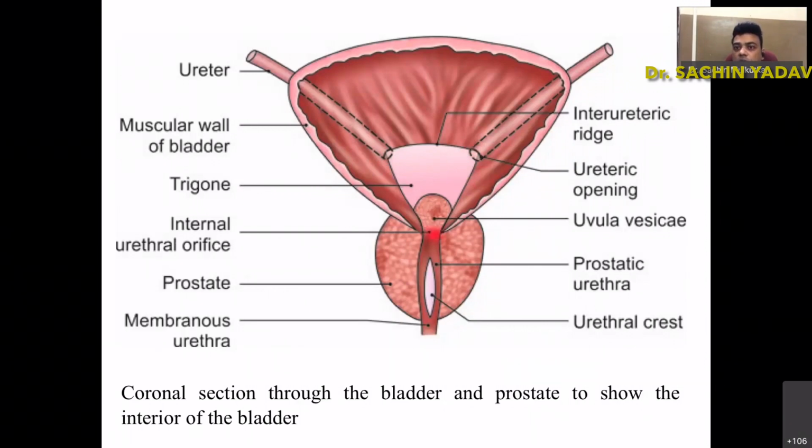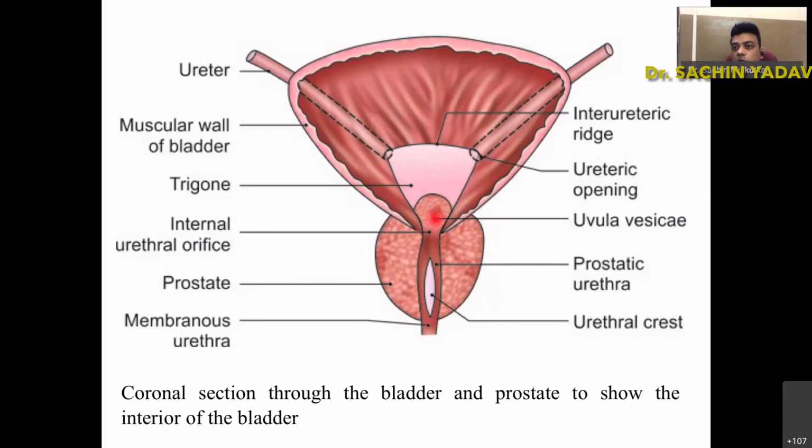The lower end, the apex, corresponds to the internal urethral orifice. The upper part, the base, on the lateral side, is having the openings of the ureters. And on the lower aspect, the surface of the trigone is having an elevation known as the uvula vesicae.